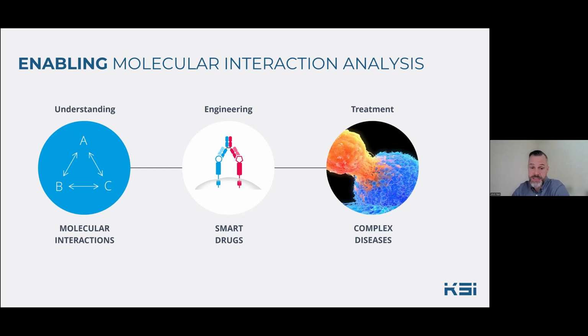And that could be a simple bimolecular interaction, but it could also be, for instance, a ternary complex between A, B, and C. And so what we're trying to extract from these experiments are rate constants and affinity constants, to understand and tailor and engineer how these interactions work. And the outcome of these studies and the benefit of the instruments and the sensors that we make is in these areas.